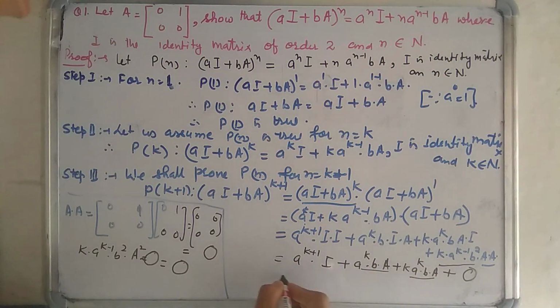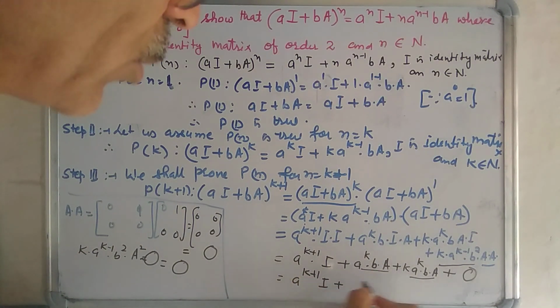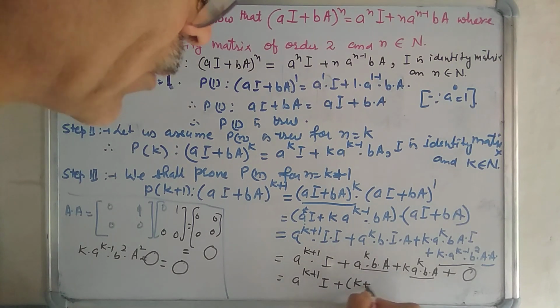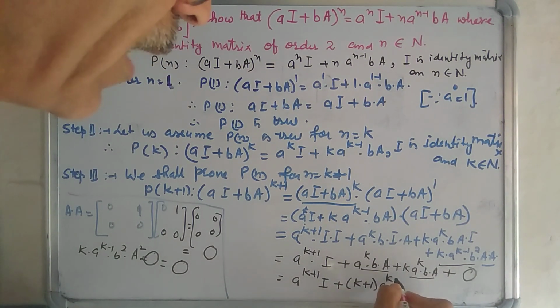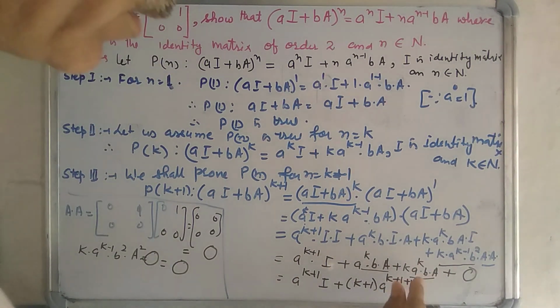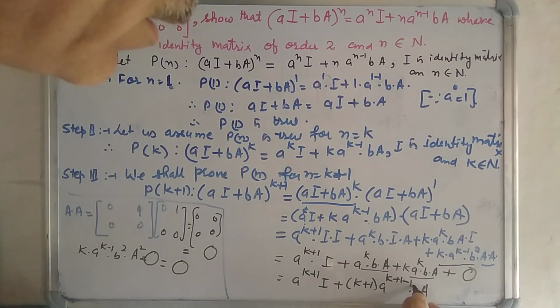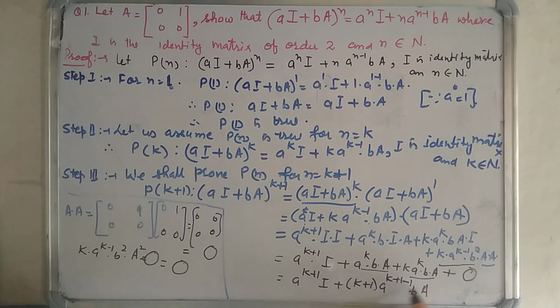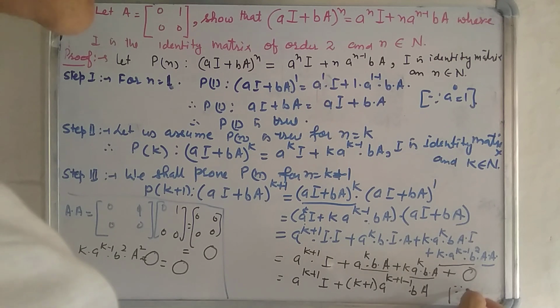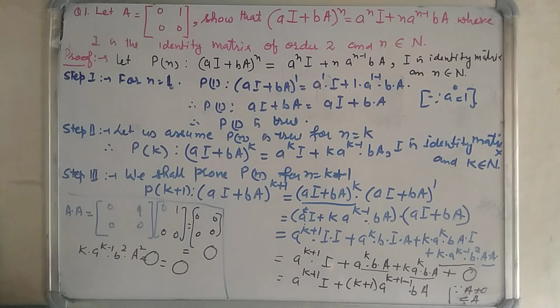Now we add these two terms. a^(k+1) I plus a^k is common, so (k+1) into a^k. We write k as k plus 1 minus 1, into matrix A, into b. And A plus the zero matrix is again the matrix A.